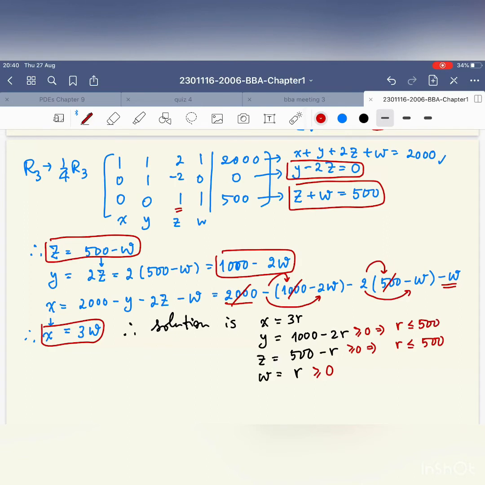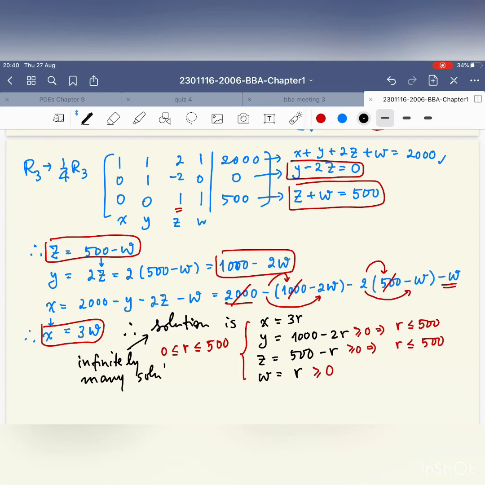Okay, so this means that together your r must be a number from 0 to 500. So what does this mean? It means that what you have is infinitely many solutions.